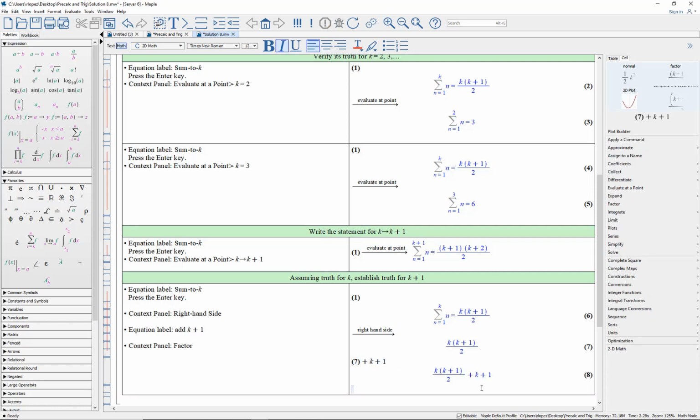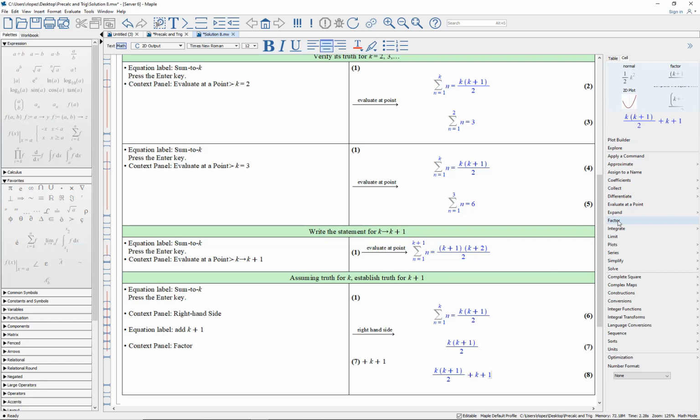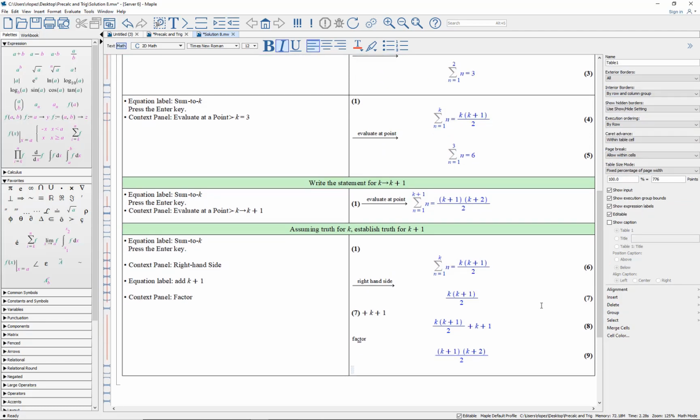Now, does this become this? Well, it requires some math. Factor does the job. So factor, this expression is the kth statement plus one more term, k plus 1, and that establishes the truth of the k plus first statement. And that's the typical pattern for induction proofs.